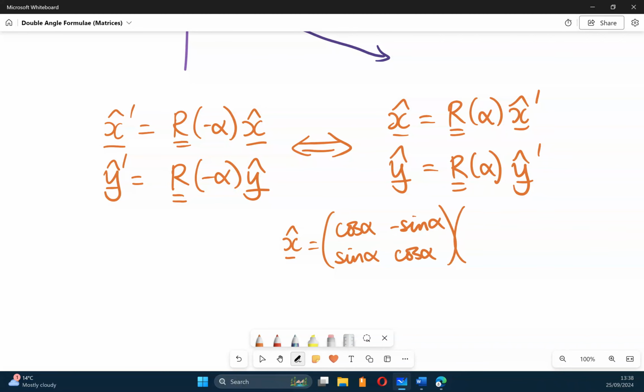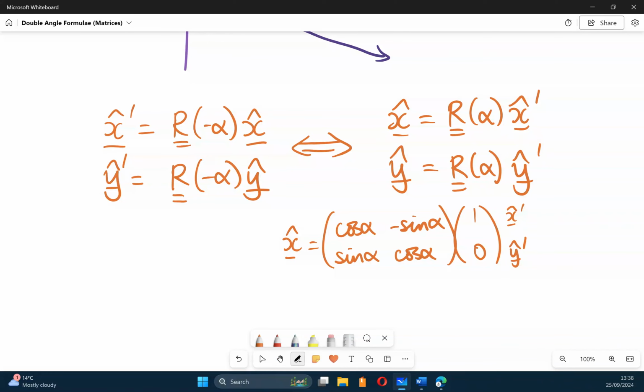And then acting on x prime hat, this would have gotten us some expression in x prime or y prime. So in x prime hat terms, this would be the vector 1, 0. So 1, 0 here is written in the x prime hat basis and y prime hat basis.